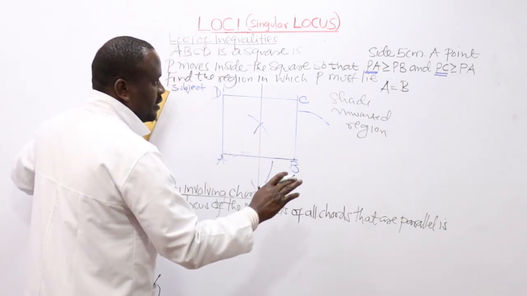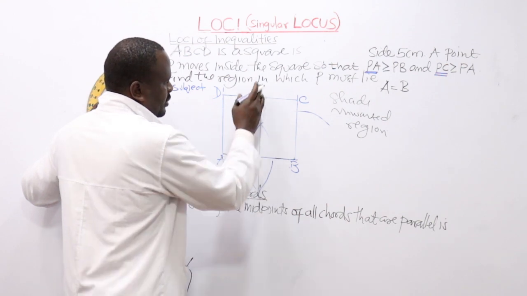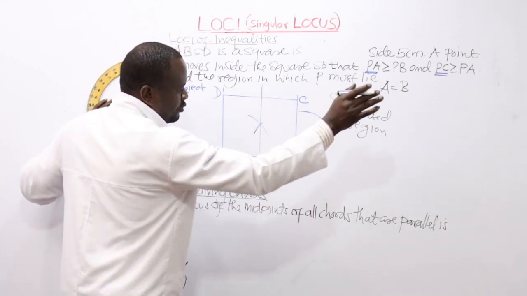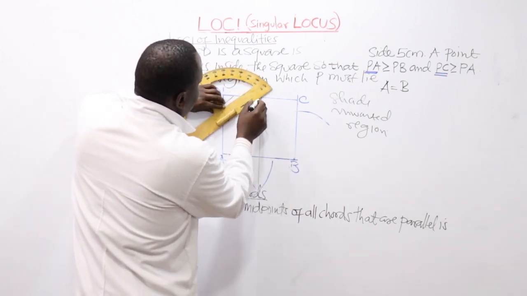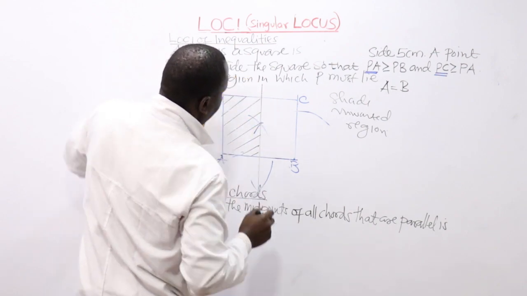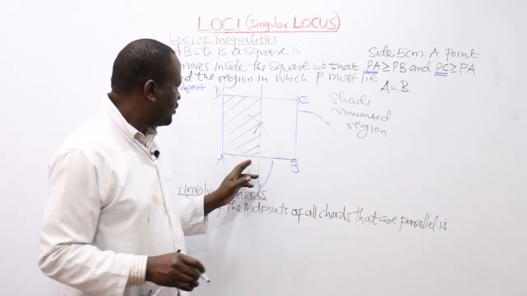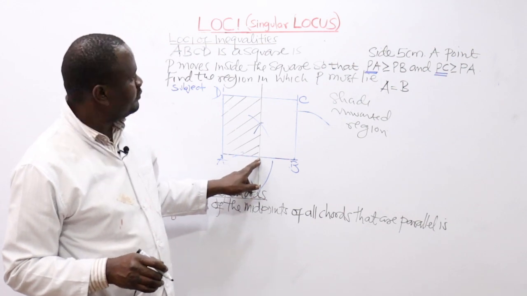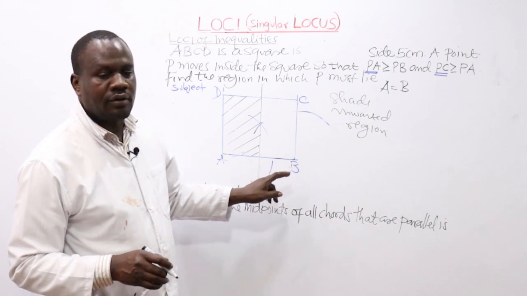Here it will be equal, but from there, that way, it will be greater. So we shade the unwanted region. It is greater because once it passes here, it will be more than 2.5: 2.6, 2.8, up to 4.